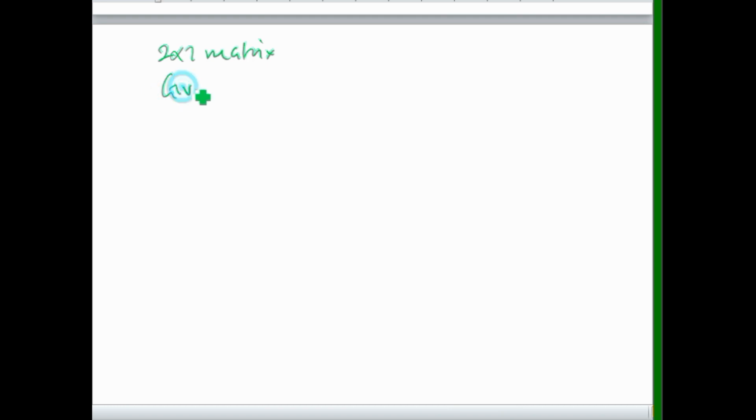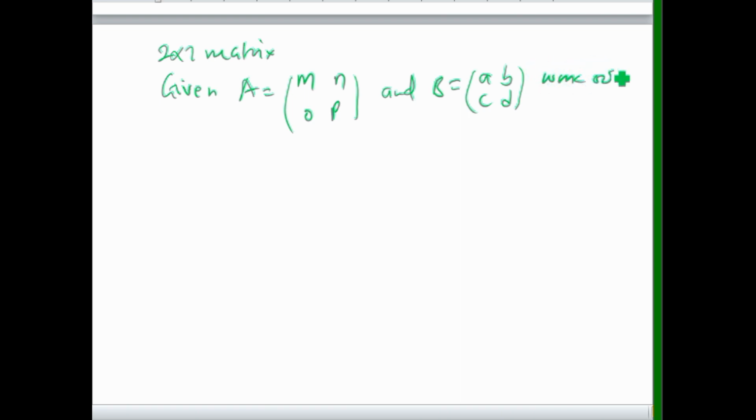Given matrix A equals M N O P, and matrix B equals A, B, C, and D. Given the two matrices, now work out A times B.